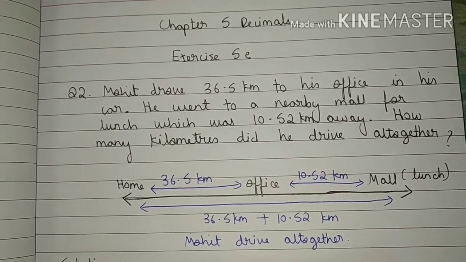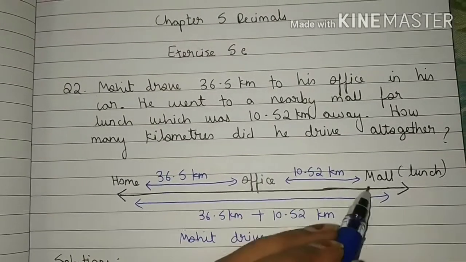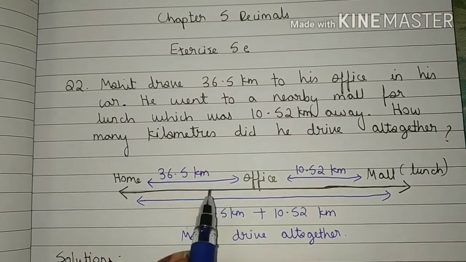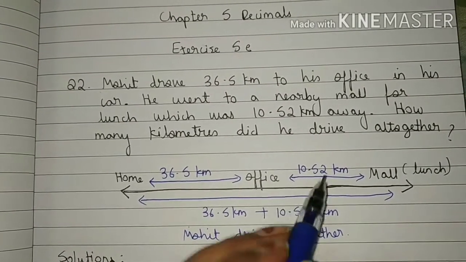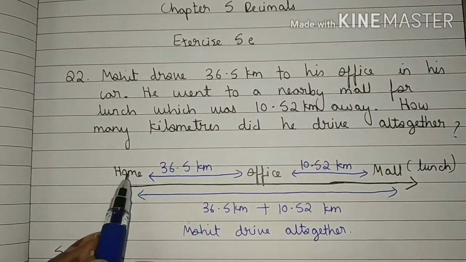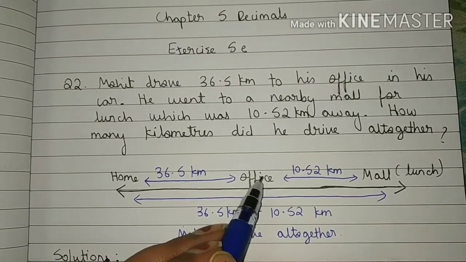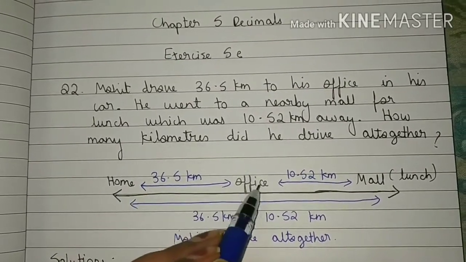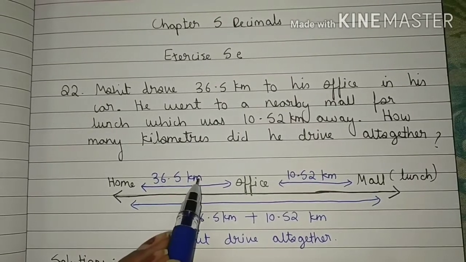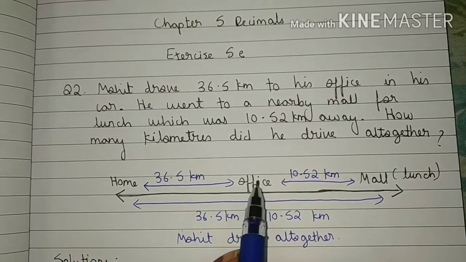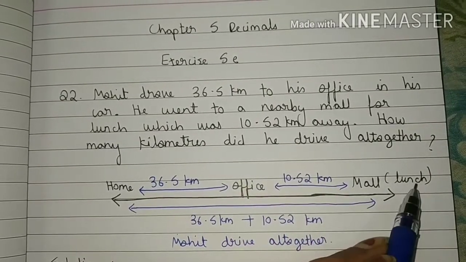Now students, let us understand this question again with the help of this diagram. This diagram is only for understanding. Mohit drives a car and goes to his office. So, from home to his office, he drives a car 36.5 km. After that, Mohit went to a mall for lunch.